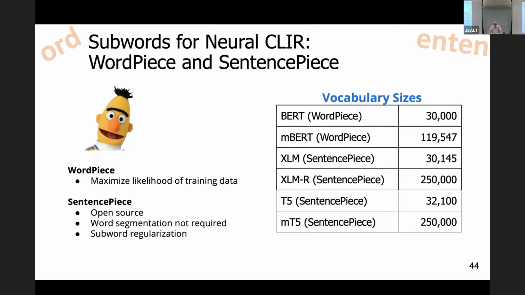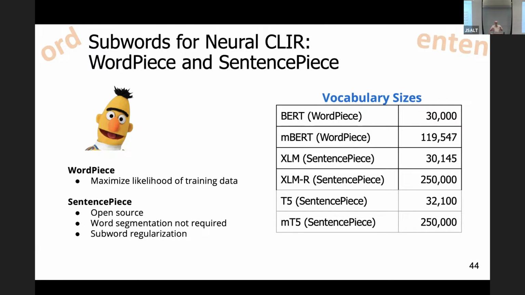Oh, so you're saying for WordPiece in particular, the comment is that for WordPiece, you have to split your whole corpus up into a bunch of words first. And that's true. Why would you want to do that? You would want to do that because you want to use BERT. Okay, that's the reason.